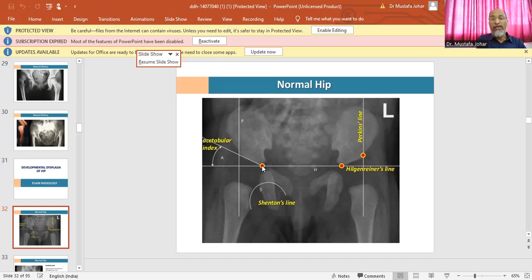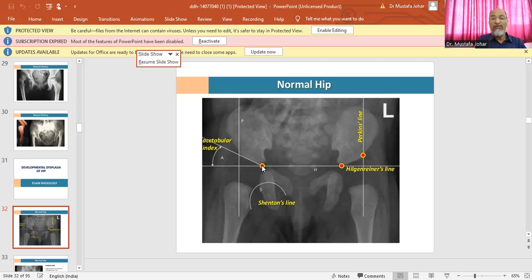And in the dislocated hip, the acetabular index is more, which is the line drawn from the center of the triradiate cartilage to the anterior edge of the acetabulum, and this forms the alpha angle of the acetabular index.